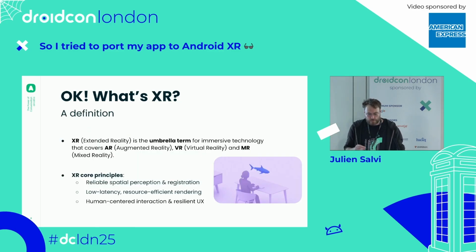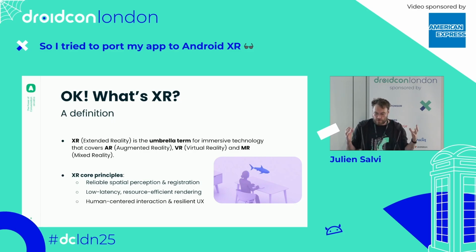So to put a definition on XR, which stands for extended reality, it's really the umbrella term for immersive technology that covers AR, augmented reality, VR, virtual reality, and the mix of both, MR, for mixed reality. So a few principles we must take into account with XR. First, reliable space perception.